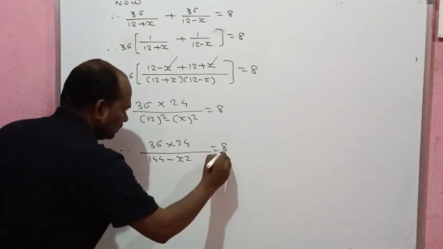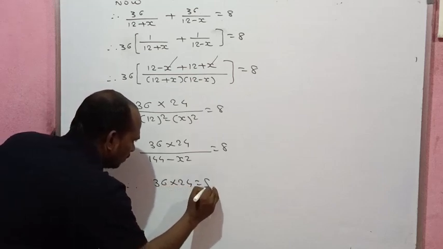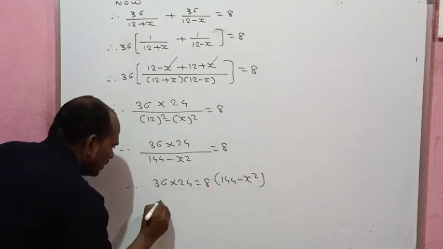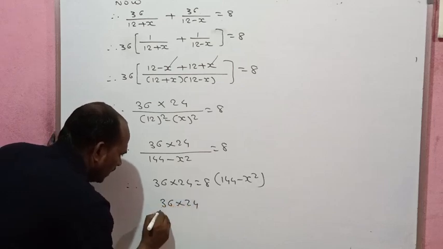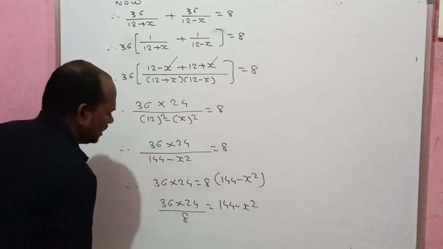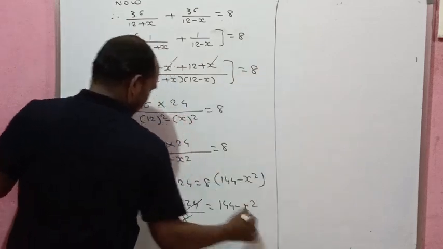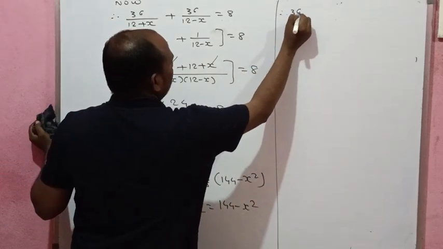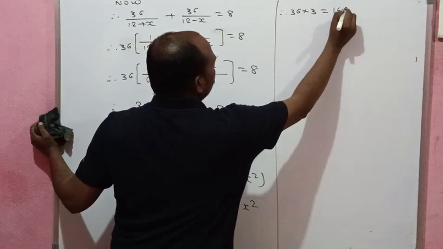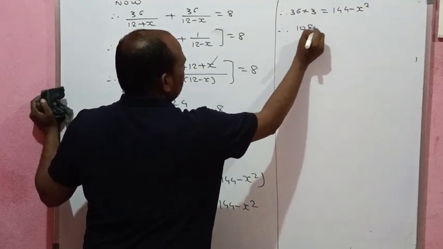Now 36 into 24 divided by 12 square, 144 minus x square, equal to 8. Then 36 into 24 divided by 8 equals 144 minus x square. Now 8 3s are 24. Therefore 36 into 3 is equal to 144 minus x square. 36 3s are 108.